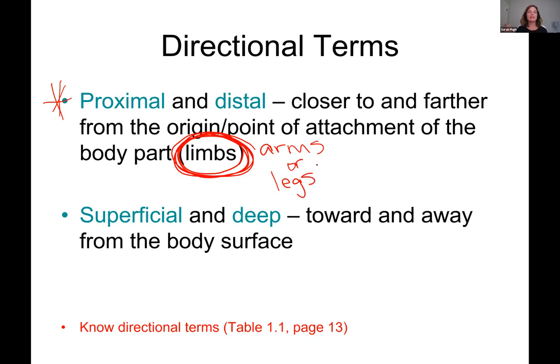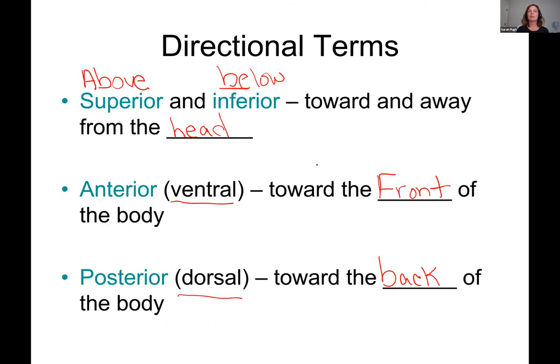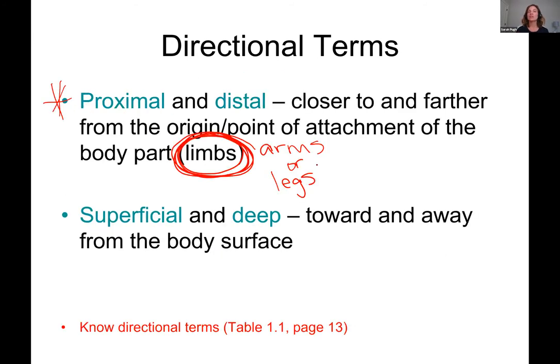Notice that as we've gone through all these other terms, like when we talked about superior and inferior, I didn't use them on anything on the arms or the legs of the body. You would only use superior and inferior when you're talking about the trunk of the body, whereas proximal and distal are the terms you use when you're talking about the limbs.